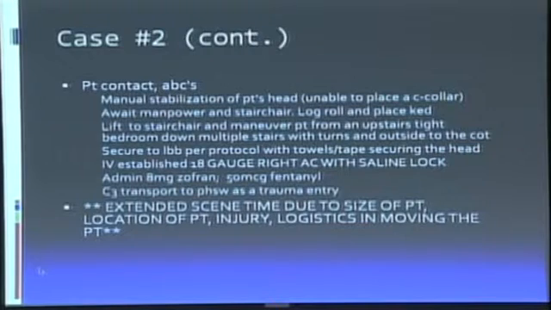His C-spine was manually stabilized, and some time was required to get enough manpower to move him out of his second floor downstairs safely and to secure him and transport him. IV was established, given some pain meds and antiemetics, and transported as a trauma entry.